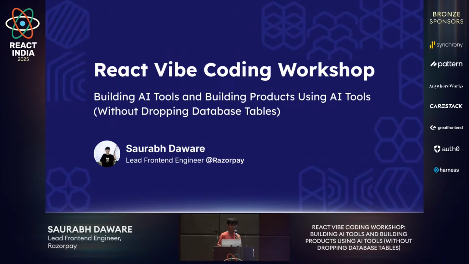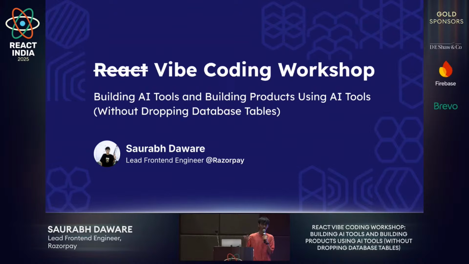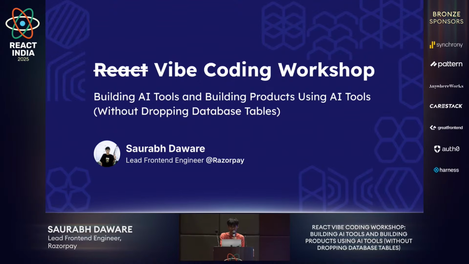The React in this title is just there for the clickbait. It means nothing. It's not related to React in a way that you can't use the same things for any other framework. It's not even related to front-end, in the sense that you can translate the same knowledge to back-end or any other field. The examples we'll be using will be in React, so that's the React part, but you can translate that into other frameworks as well.